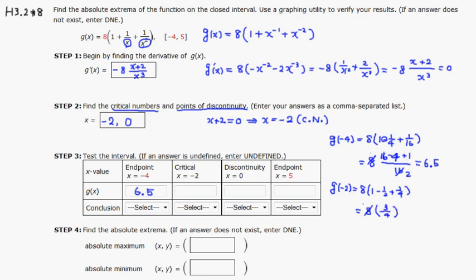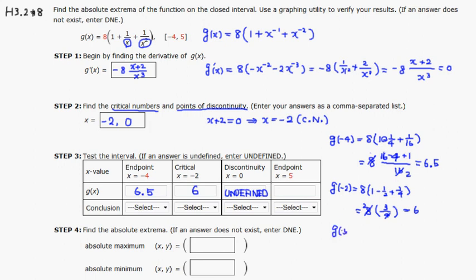So 8 and 4 cancel out, 2 left over. 2 times 3 is 6, right? So this is going to be 6 right there. And when x equals 0, the function is undefined. Then when x equals 5, you just have to plug in.